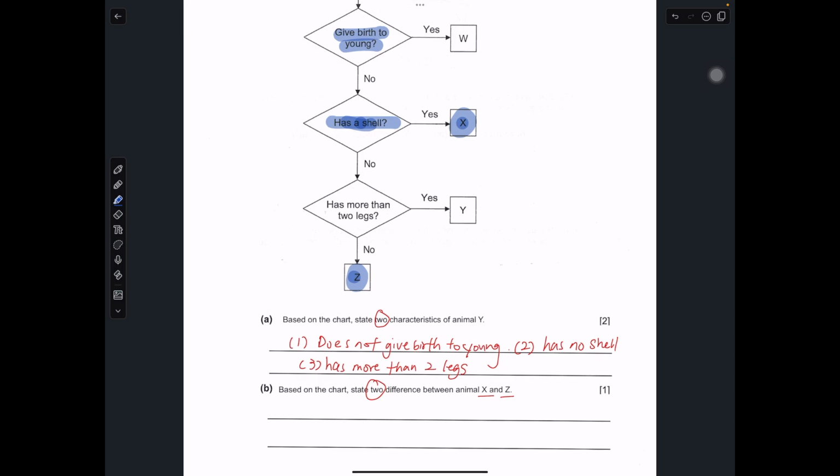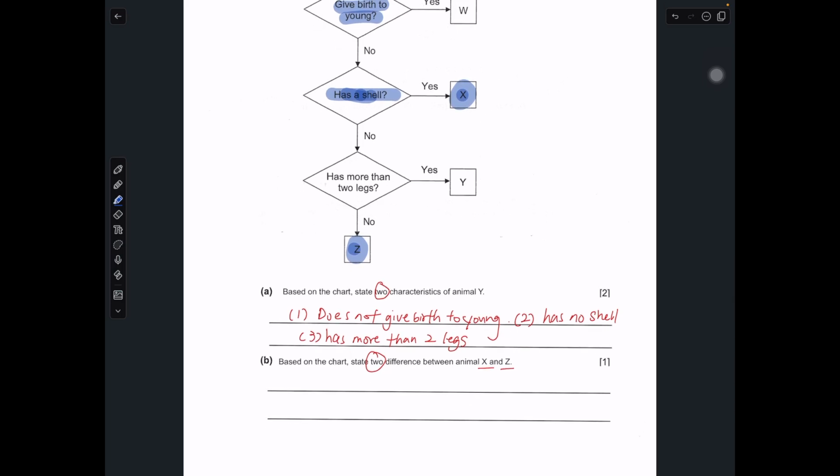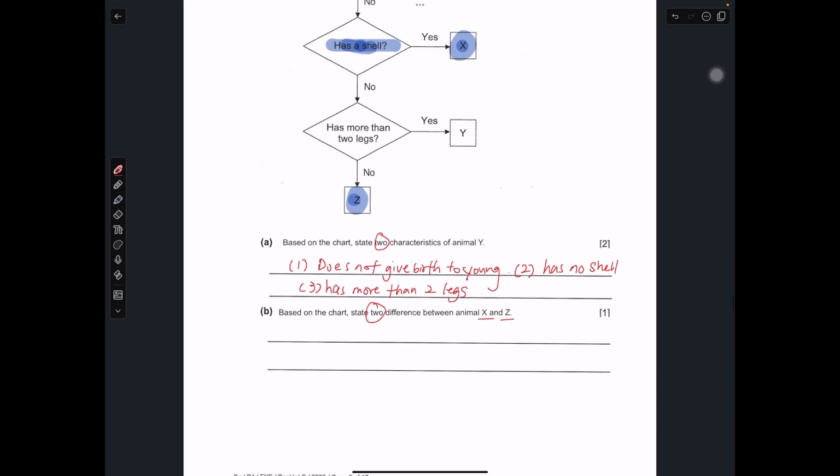So that will be one of them. X has a shell, but animal Z does not have a shell.